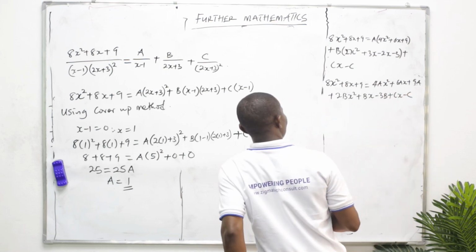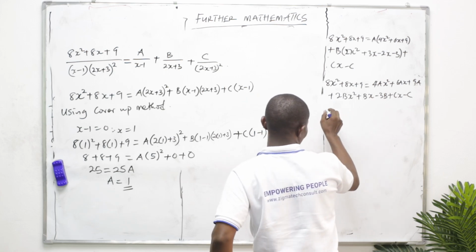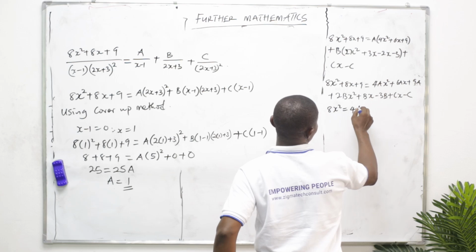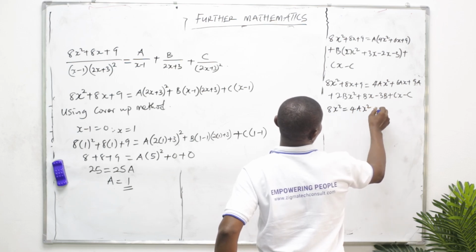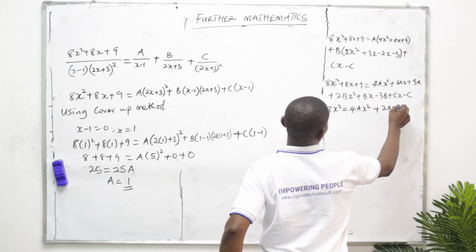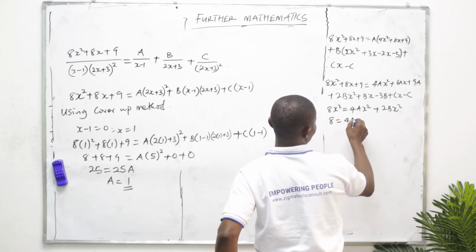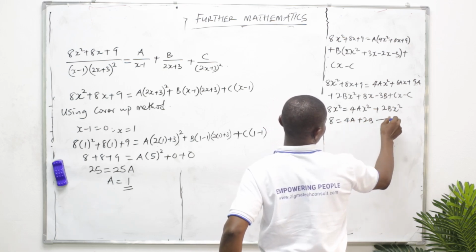So by comparison, 8s squared equals 4as squared plus 2bs squared. Okay, 8 equals 4a plus 2b, equation 1.